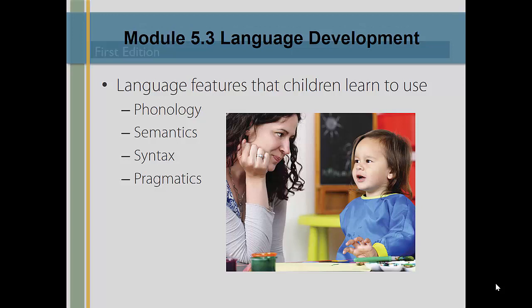To use language effectively, children must use the following features of language: phonology, understanding sounds of adult speech and producing sounds accurately enough for adults to understand; semantics, understanding words in context and producing words that match the context; syntax, understanding arrangement of words to match grammatical rules of the language; and pragmatics, understanding the use and practical aspects of communication. Children begin language using one-word utterances and gradually increase to using simple sentences.